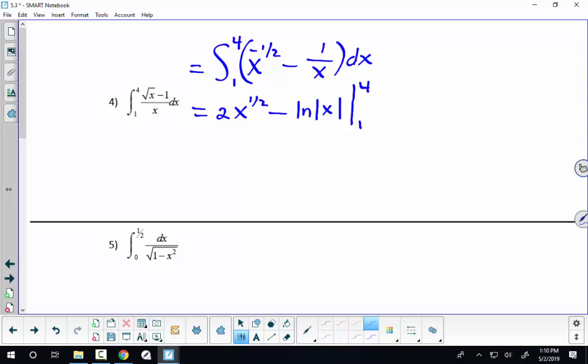Okay, so just so we're referencing back, this is capital F of x. So that's our antiderivative. Then we evaluate it at 4. So we have 2 times 4 to the 1/2 minus the natural log of 4.